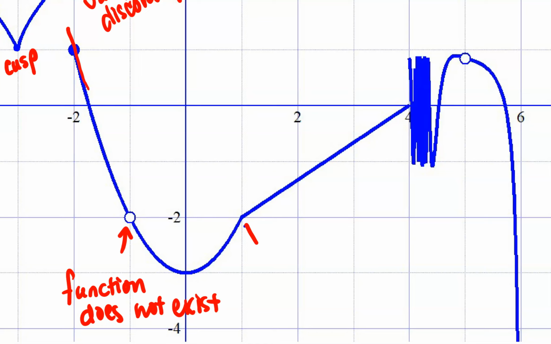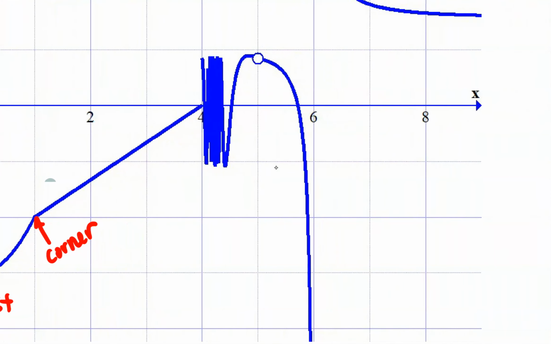And so we run into much of the same issue that we had with the cusp, that at a corner there is not a unique tangent line to the curve. And so therefore, because the slope of those tangent lines is not unique, the derivative cannot exist.